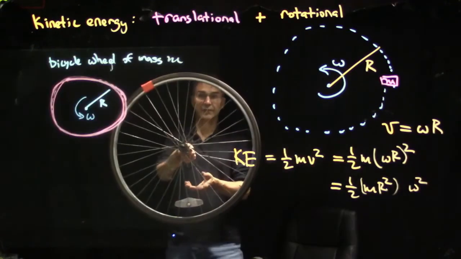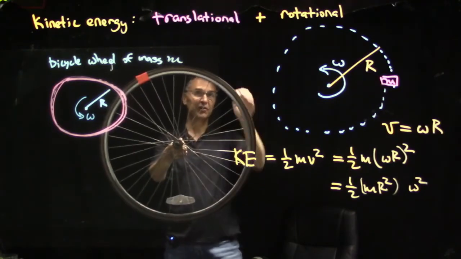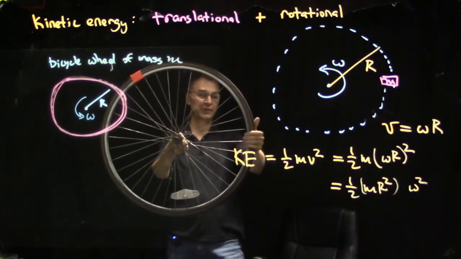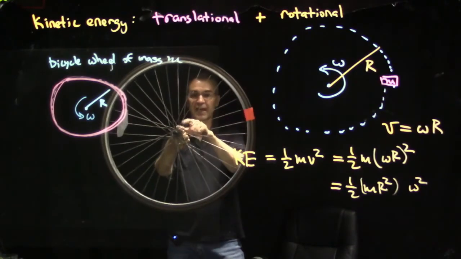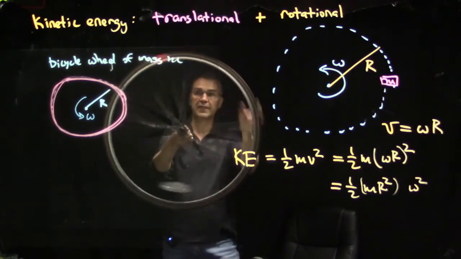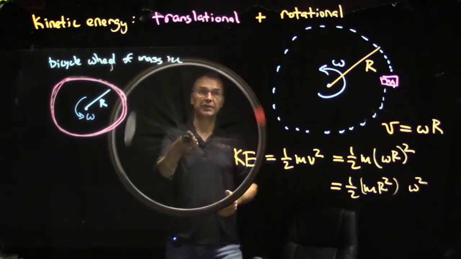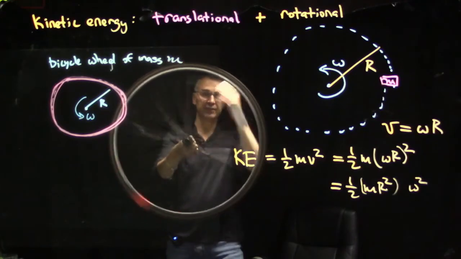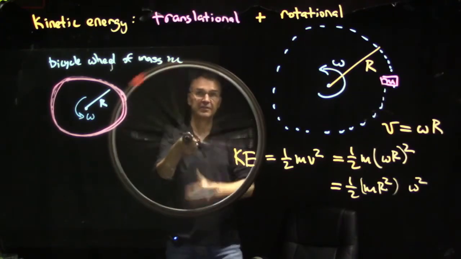Now, suppose I take my bicycle wheel of mass m. Let's suppose that all of the mass of the bicycle wheel is concentrated on the outside and that the axle and the spokes are of negligible mass. So then the center of mass of the bicycle wheel is not accelerating. In fact, it's not even moving. The center of mass is just staying put right here. And yet, clearly something is happening.